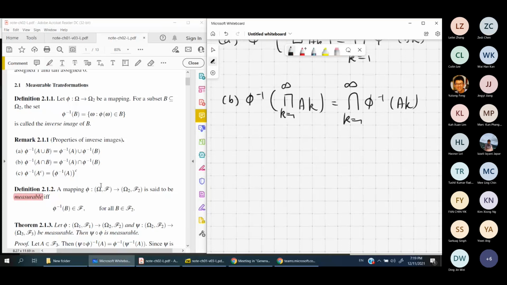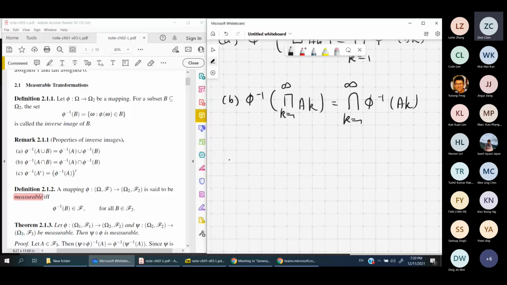Of course, here we are talking about one sample space to another sample space. This is a sigma field for Ω1. This is a sigma field for Ω2. So a mapping is said to be a measurable function if it satisfies this condition: φ inverse of B belongs to F1 for all B belonging to F2.